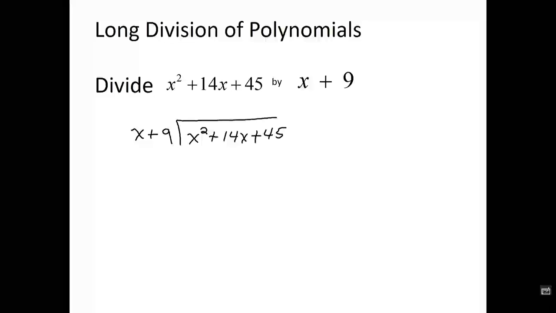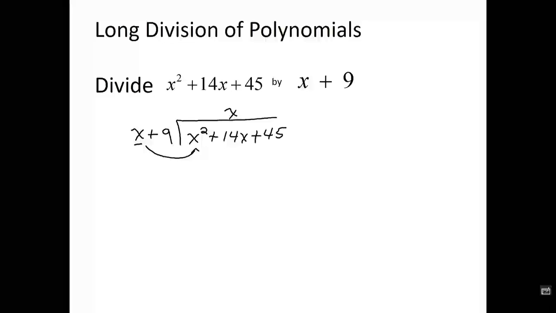All right, so to begin the division process, we divide x into x squared. Another way of saying this is x squared divided by x is x. And now we multiply.